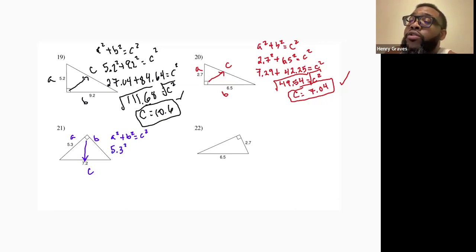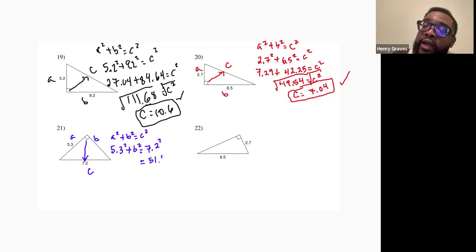Please tell me I have 7.2 squared somewhere. No, I don't. Crap. 7.2 squared is 51.84. And then 5.3 squared is 28.09.